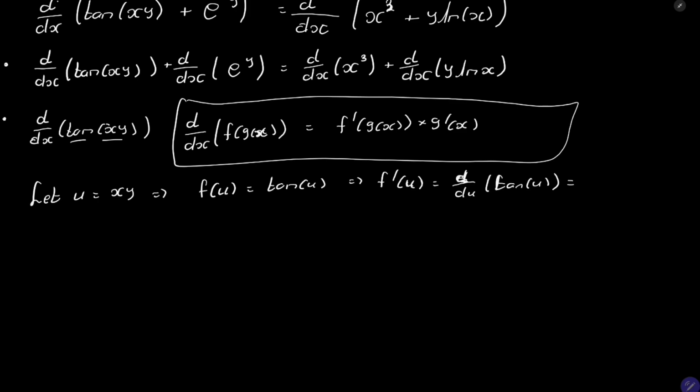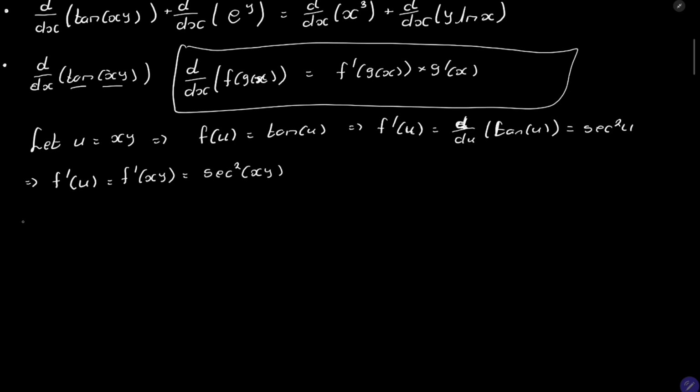And recalling from our differentiation of trig functions, the derivative of the function tan x, or tan u in this case, is sec squared u. So this then implies that f prime of u, which is f prime of xy, is equal to sec squared of xy. So let's then move on to our g prime of x.